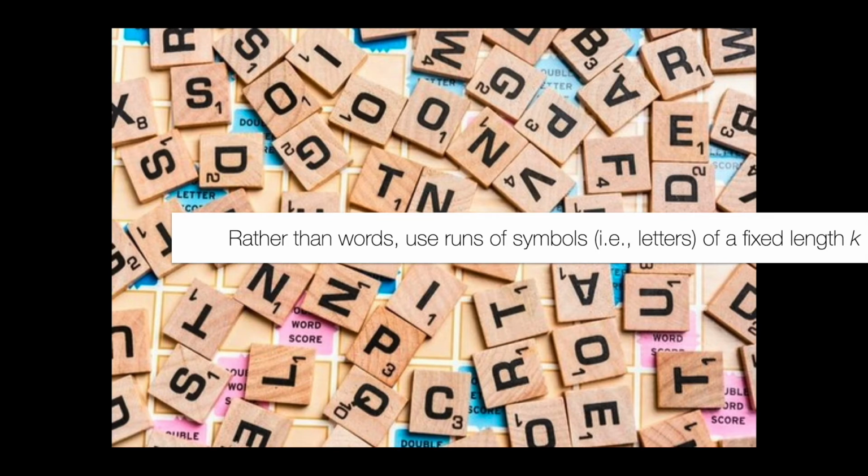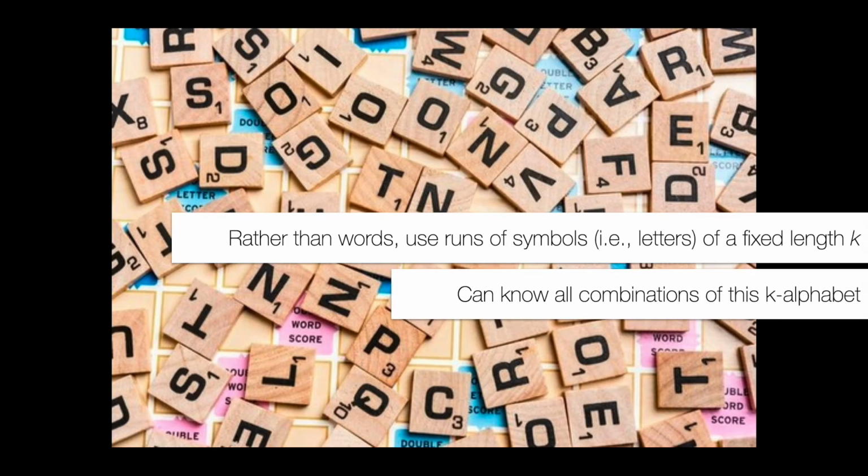And we specify that we'll look at runs of a particular length, because then we can know what all the possible combinations of this k-length set of symbols could be. So if we know we have quote unquote words of 5 letters, what are all the different 5-letter combinations of the letters in our alphabet? And that tells us how many columns we can have.